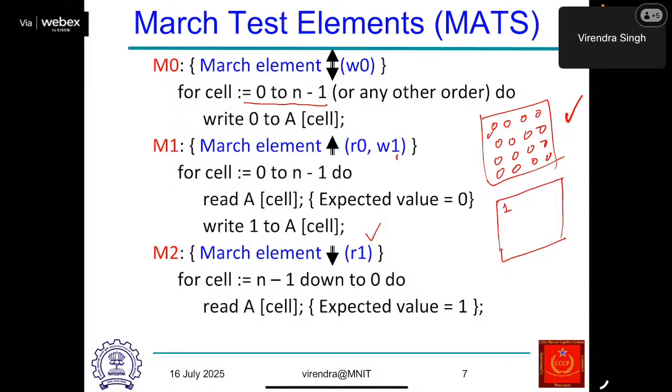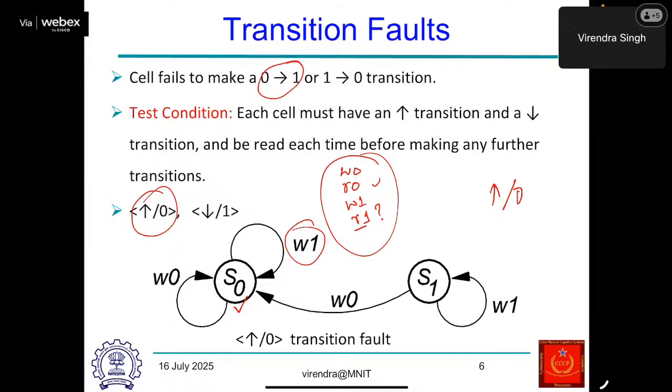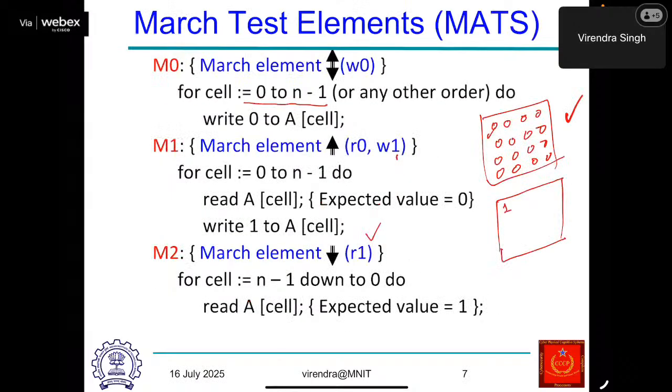So here you can see that this sequence is implemented in this. And hence now you can say that here w0 r0 w1 r1 can test whether the first one is stuck at 0, and another is stuck at 1.